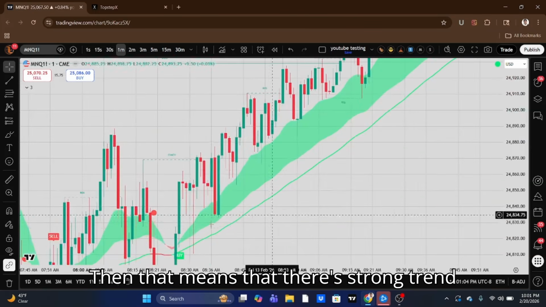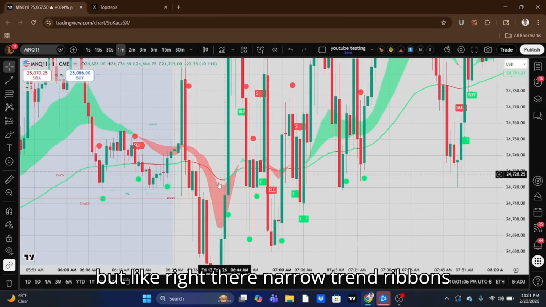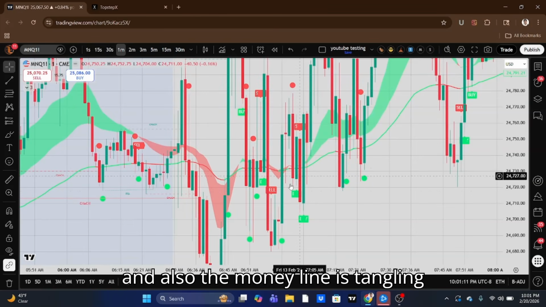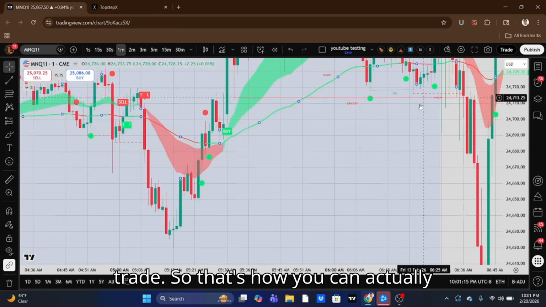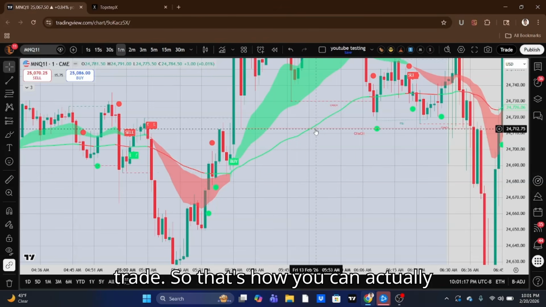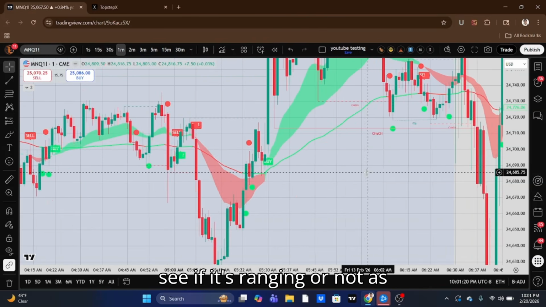Then that means it's a strong trend. But like right there, narrow trend ribbons, and also the money line is tangling against each other, so meaning avoid the trade. So that's how you can actually see if it's ranging or not as well.